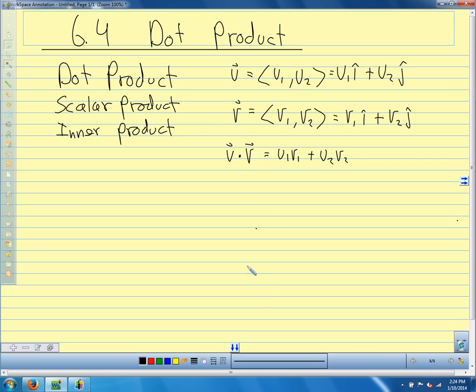Now, one important thing to remember about the dot product is that the dot product is a scalar. That's one of the most common mistakes that students make with dot products, is that they want the dot product to be a vector. It's never a vector.